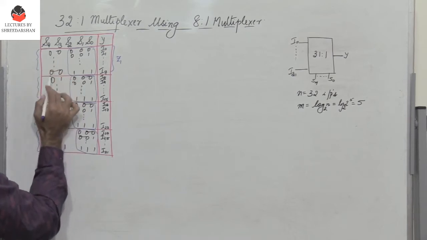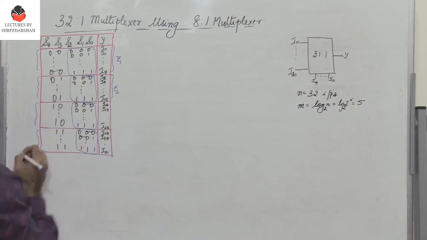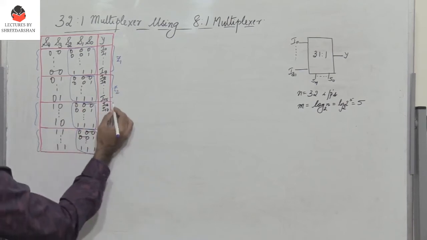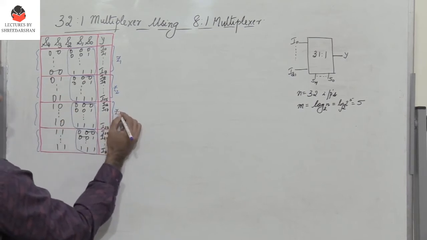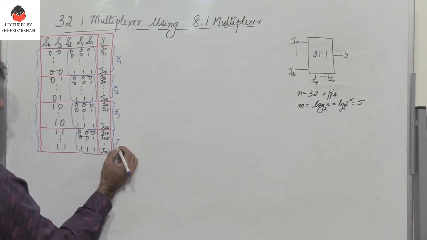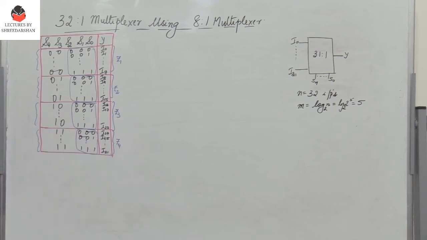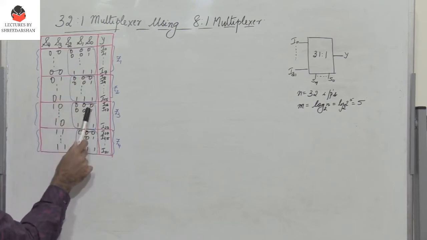Here S3 and S4 is 0, 1, so let this be Z2. For the next 8 combinations, S3, S4 is 1, 0. Let this be Z3. And of course for the last 8 it is 1, 1, so let this be Z4. Alright, so it's very clear here that S0, S1, S2 remain the same for every 8 combinations.